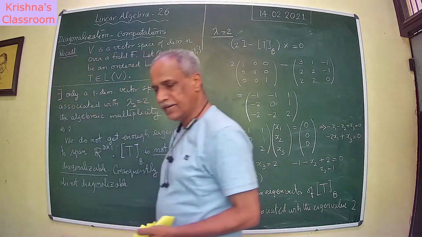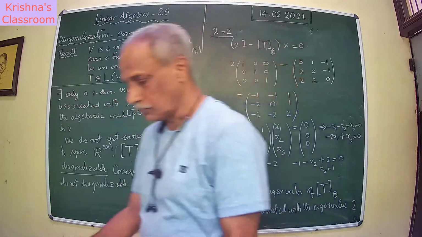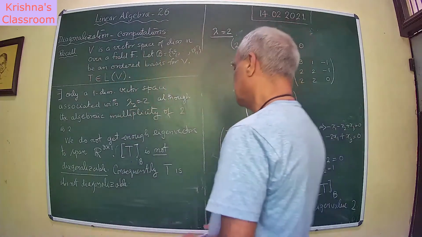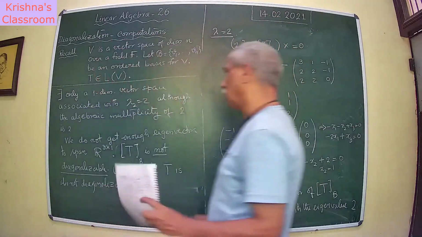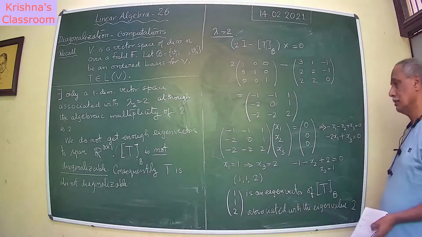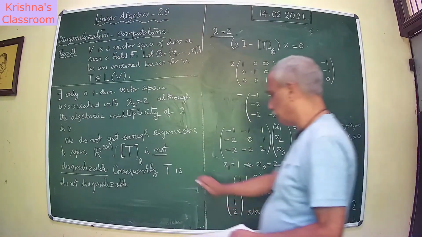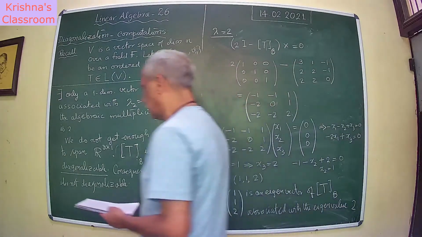What are the eigenvectors of T? See, T acts on the polynomial space. So we have to get it as polynomials.